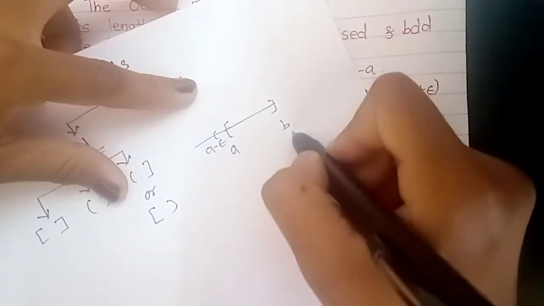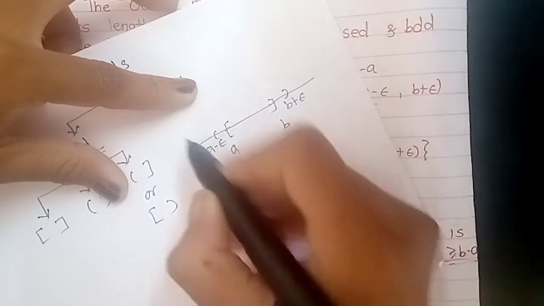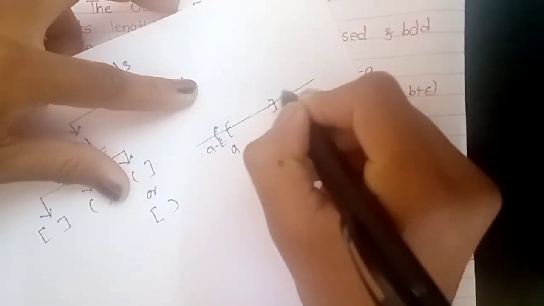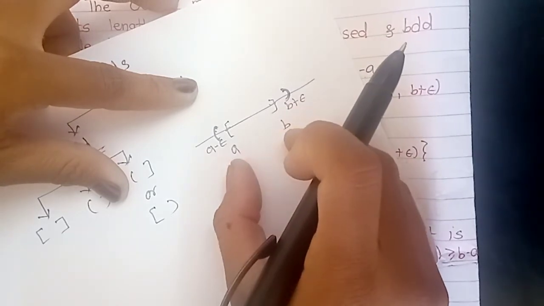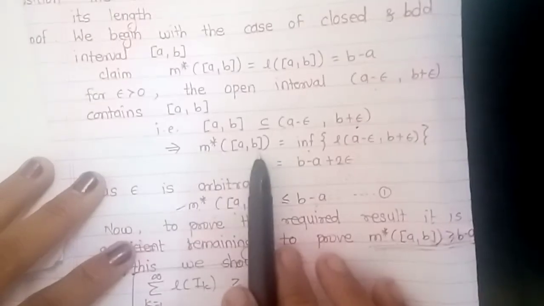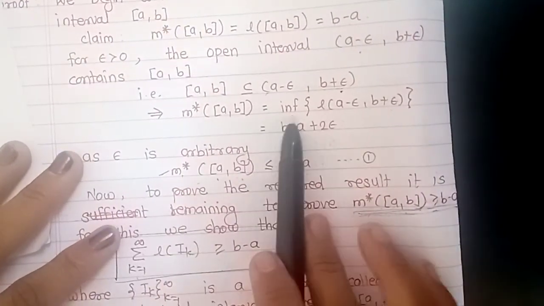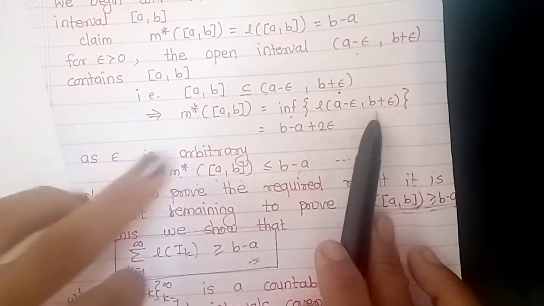If I add epsilon to b, I get a point which is b plus epsilon. So this interval (a minus epsilon, b plus epsilon) forms a covering for [a, b], and we know that if there is a covering, then the outer measure is equal to the infimum of the sum of lengths of the intervals which cover the given set.